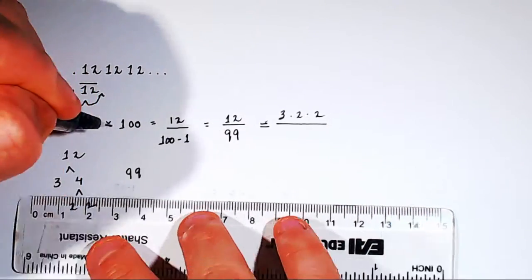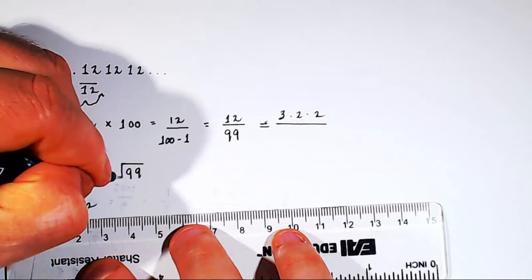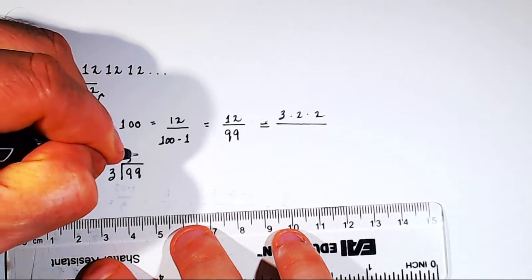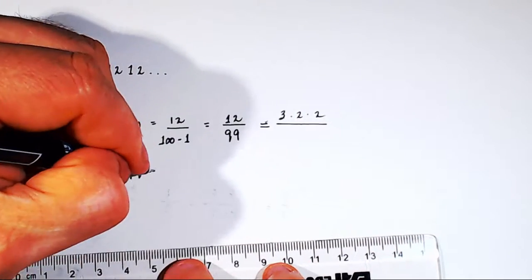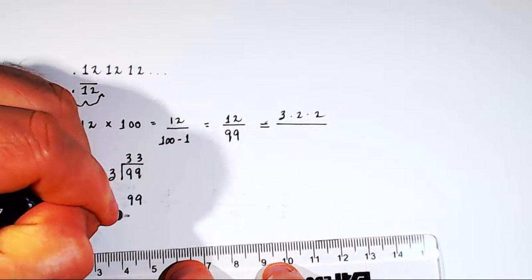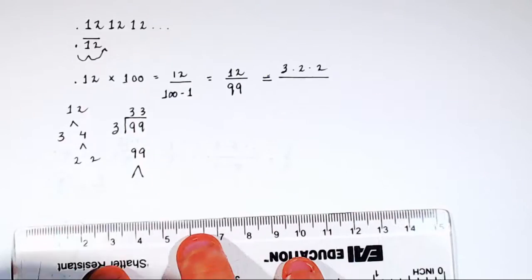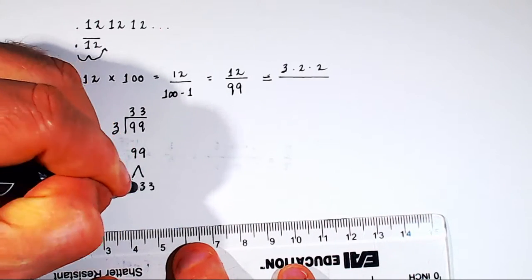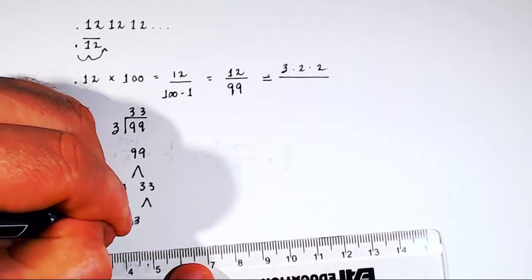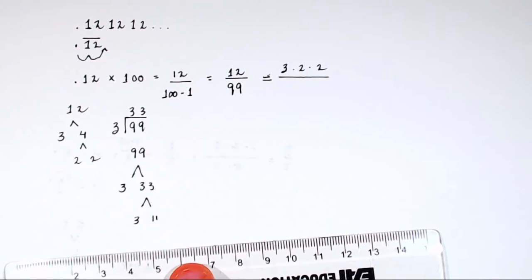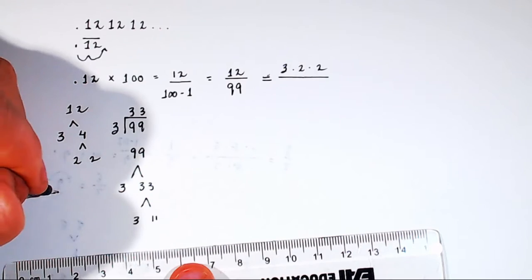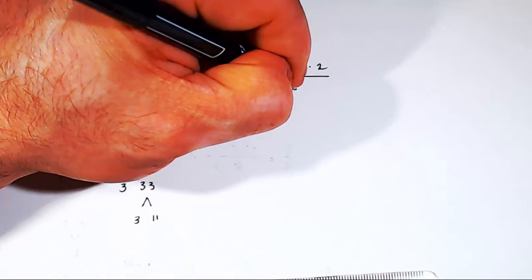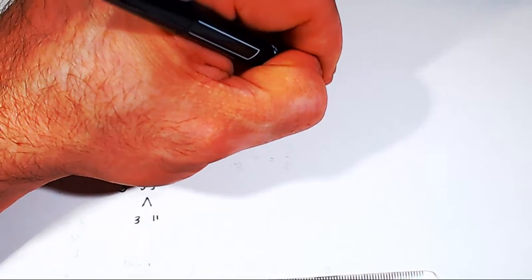Let's take 99 and divide something we know we can divide into it, like 3. And we get 33. If I write it out with my tree, I'll have 99, which can be written as 3 times 33. 33 can be rewritten as 3 times 11. So the prime factorization of 99 is 3 times 3 times 11.